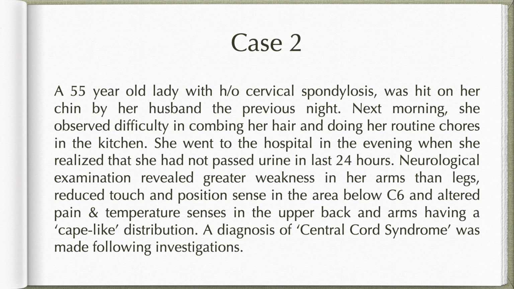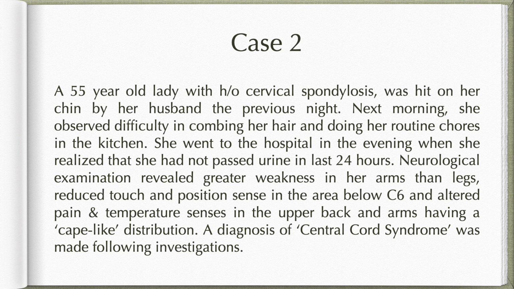Coming to the second case, a 55-year-old lady with history of cervical spondylosis was hit on her chin by her husband the previous night. Next day morning, she observed difficulty in combing her hair and doing her routine chores in the kitchen. She went to the hospital by evening when she realized that she had not passed urine in the last 24 hours.